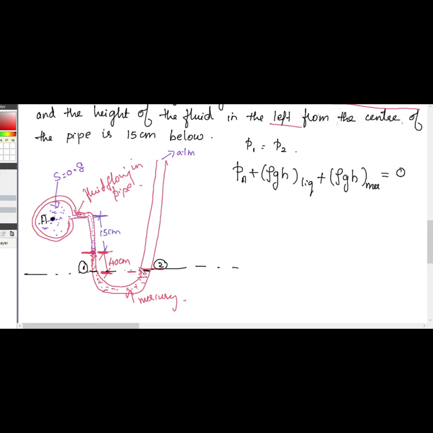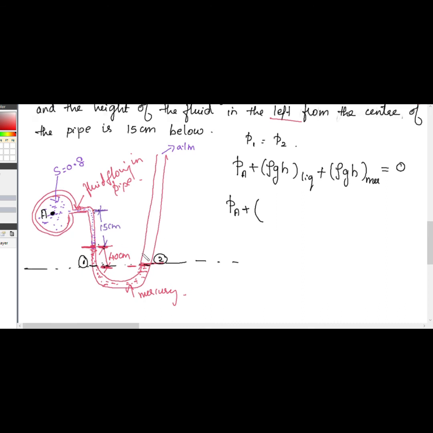Okay. See, pressure at 1 is equal to pressure at A plus pressure due to the liquid for this height, plus pressure intensity due to this mercury for a height of 40 centimeter. So now, pressure at A plus rho, that is the density of this liquid.